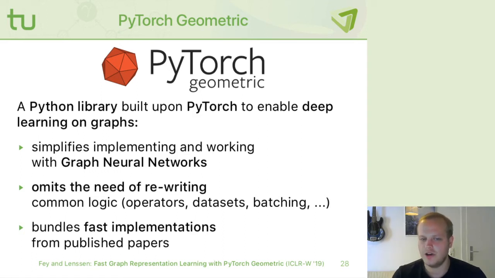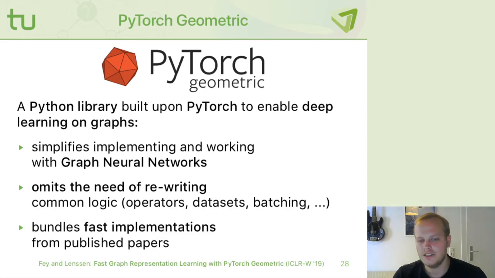So the PyTorch Geometric library comes with the following features. It simplifies implementing and working with graph neural networks by providing a simple-to-use message passing API. It omits the need of rewriting common logic, and that may include GNN operators, loading and working with datasets, or taking care of the previously presented mini-batch approach.